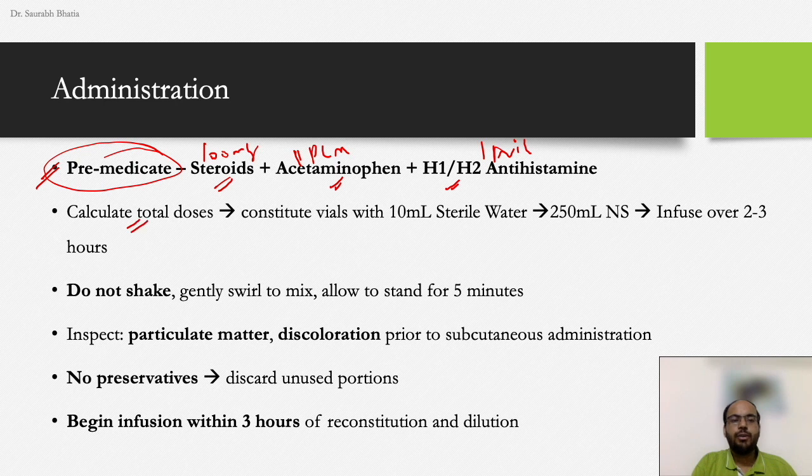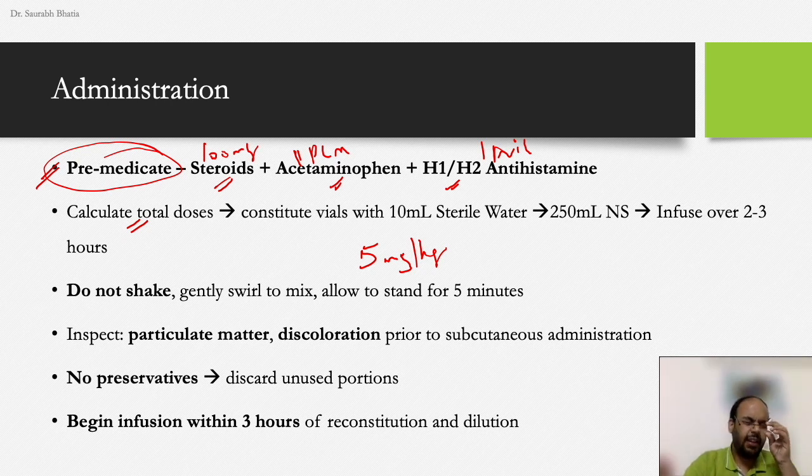Then you calculate the total dose. Remember that this is 5 milligram per kg. You can go as high as 10 milligram per kg or as low as 3 milligram per kg. Depending on the body weight, you calculate the total dose and then prepare that many vials. Let's say your patient is 70 kgs.